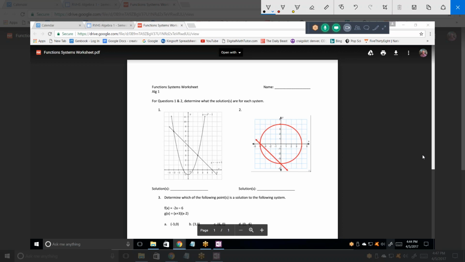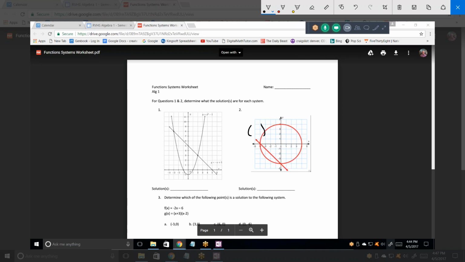Okay. The second one. Again, let's do it graphically. What is this solution right here? Give me both coordinates. Let's see if I can read that. Yeah.